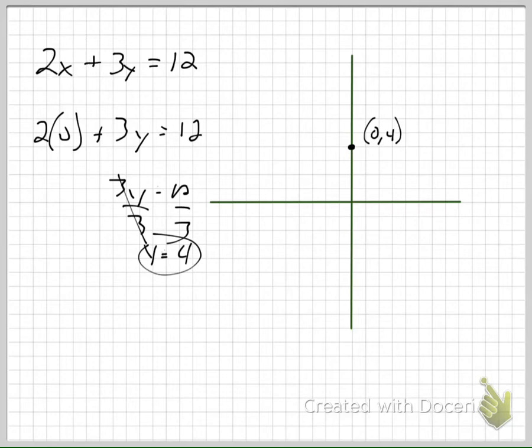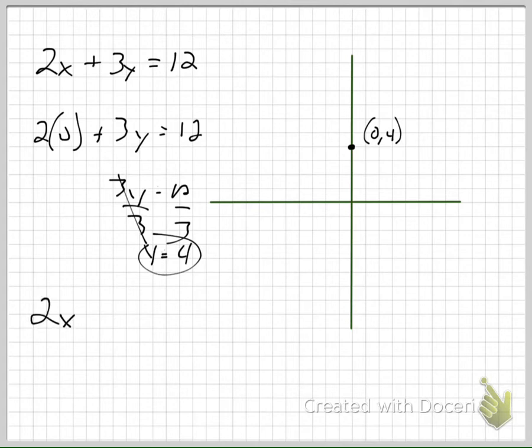Now, how else can I finish graphing this? What is true about wherever it crosses the x, whether it crosses here, or here, or here? That y will be 0, right? Wherever it crosses the x, y is 0. So let's make y be 0.